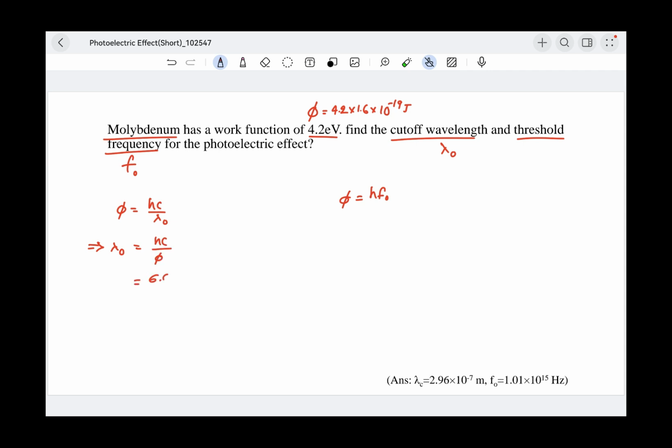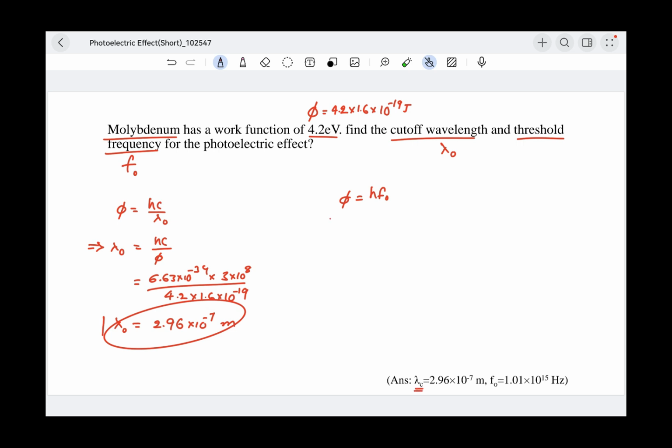Okay, 6.63 times 10 to the power of minus 34 times 3 times 10 to the power of 8 divided by the work function in joule, that is 4.2 times 1.6 times 10 to the power of minus 19. So the lambda is around 2.96 times 10 to the power of minus 7 meter. This is the cutoff. In some books you find the cutoff written as lambda naught, in some books lambda c.